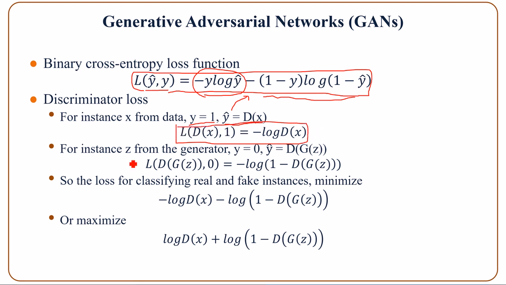Now with the noise z, the generator creates G(z), which is then used as the input to the discriminator. And because this is a fake example, the target is 0.